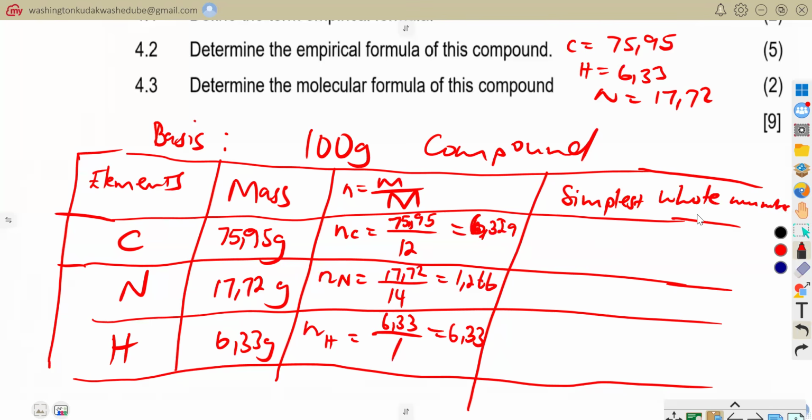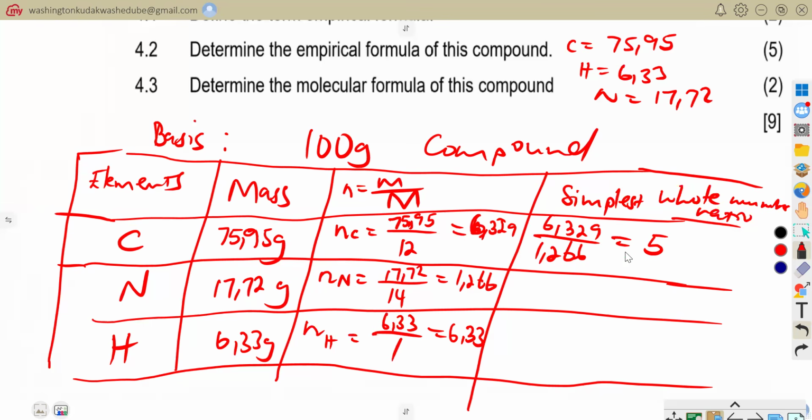Now I need to find my simplest whole number ratio. How do I find that? I determine the smallest value within the number of moles, which is 1.266, and then I divide throughout by that smallest number, so that I get to approximate the whole number out of that division. So 6.329 divided by the smallest number of moles, 1.266, is going to give you a value of 5.